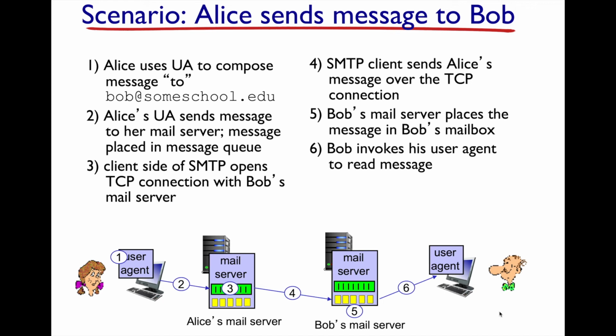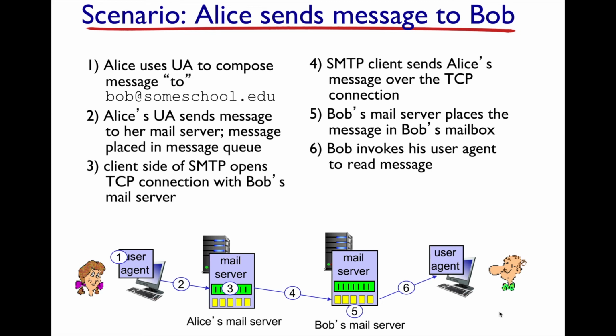The receiving machine, Bob's email server at someschool.edu, whatever that IP address would be, gets those mail messages. It looks at the recipient account, Bob, and says, aha, Bob's inbox is over here. Let me open up the inbox and store this message in that unit of storage associated with user account name Bob.